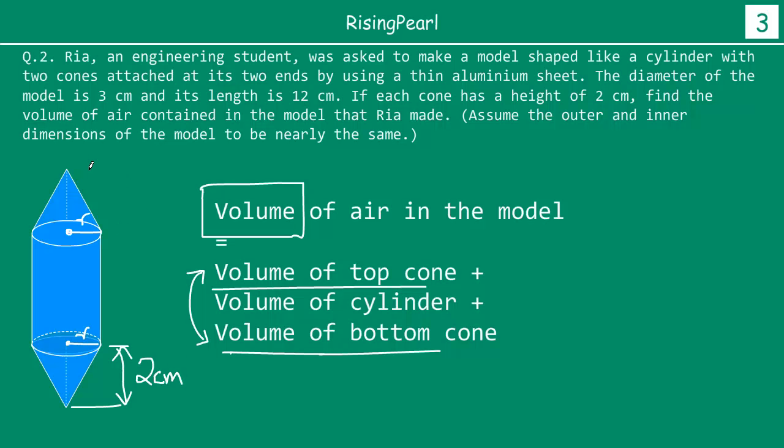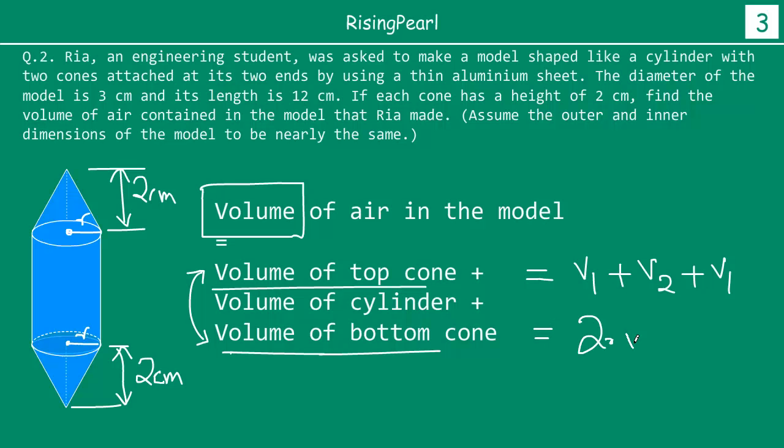So both of them will have the same volume. If you simply plug the values in, V1 plus V2 plus V1, because the volume of the bottom cone will be the same as V1, so it will be 2 times V1 plus V2.